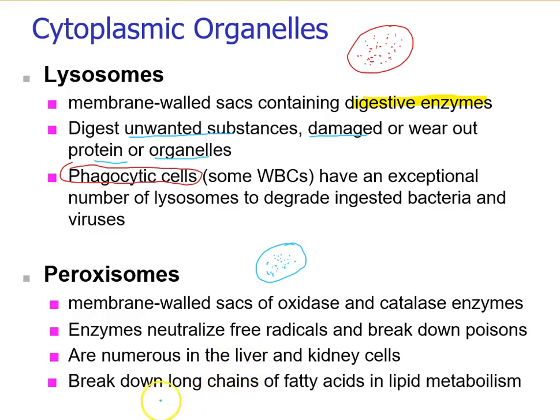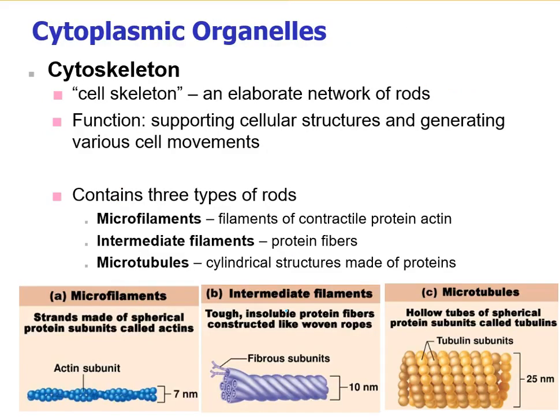We can also add that peroxisomes are responsible for breaking down long chain fatty acids in lipid metabolism. In general, we can say the lysosomes are the cell's cleanup crew, while the peroxisomes are like the detox center for the cell, to make sure that the cells stay healthy and free from unwanted substances or even toxins or poisons.